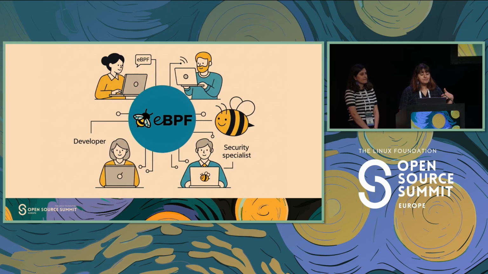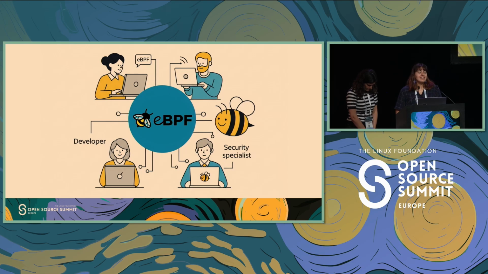Now the BPF technology has been around since, I think, 1992. And to put that in perspective, this is something that's been here and that's been older than maybe a good chunk of the people in this room. Originally, it was designed for one specific job, filtering network packets, which is like the tools like tcpdump actually use that still today.